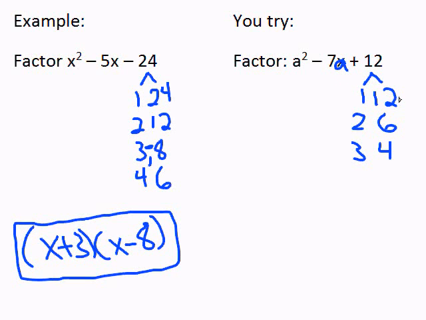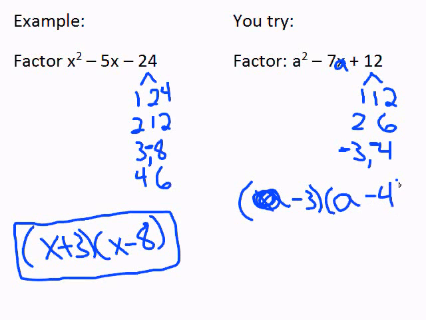It'll either give me 13, negative 11, or positive 11. 2 and 6 also will never add to negative 7, but 3 and 4 will, if I make it a negative 3 and a negative 4, because negative 3 plus negative 4 is negative 7, and negative 3 times negative 4 is positive 12. So our factors are a minus 3 and a minus 4.